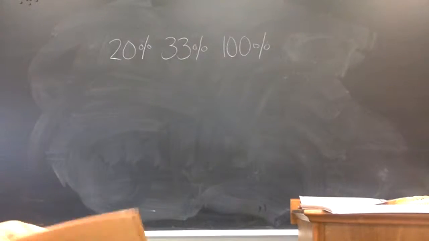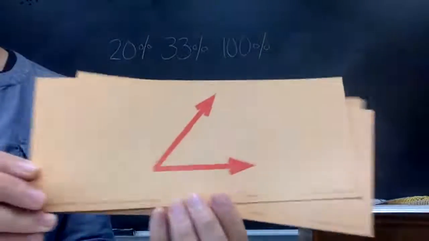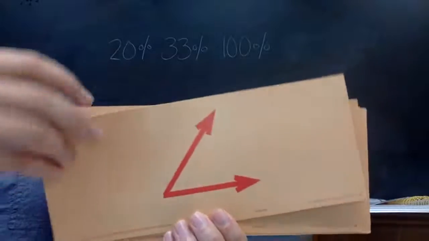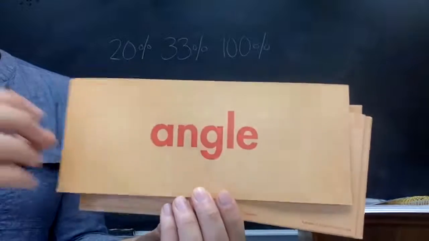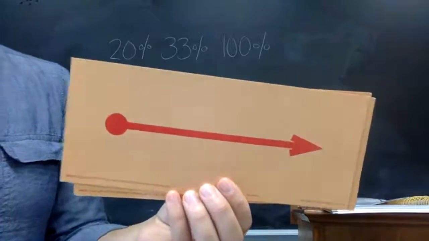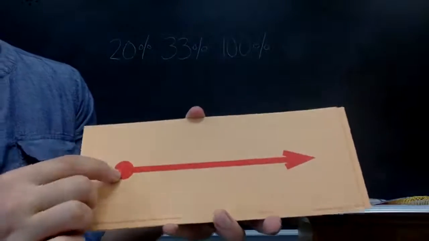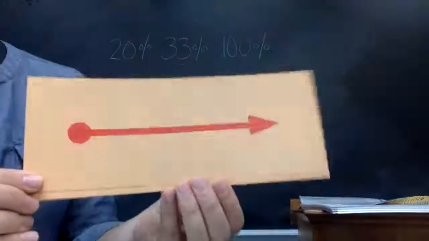Let's go over some of our geometry terms. What is it called when we have two rays connected at a vertex? That is an angle. And remember, we measure angles in degrees. We talked about that yesterday. What is it called when we have one side that has a certain endpoint and one side goes on indefinitely in the other direction?